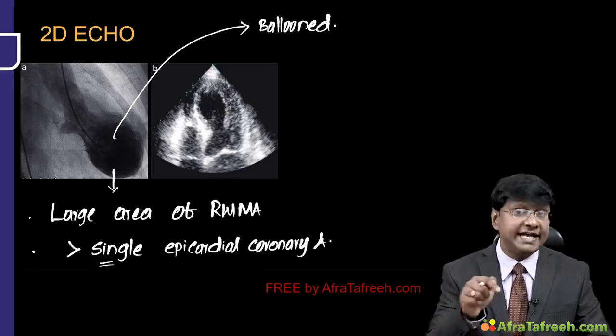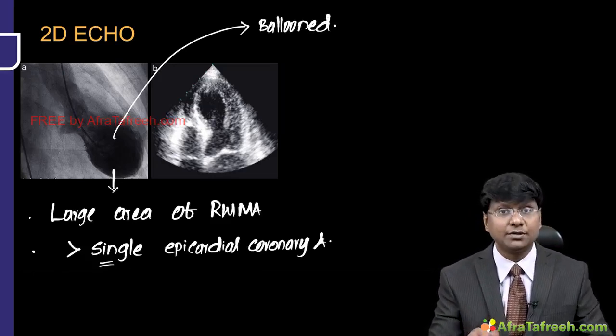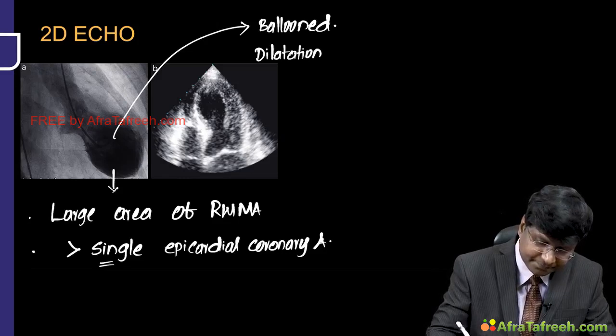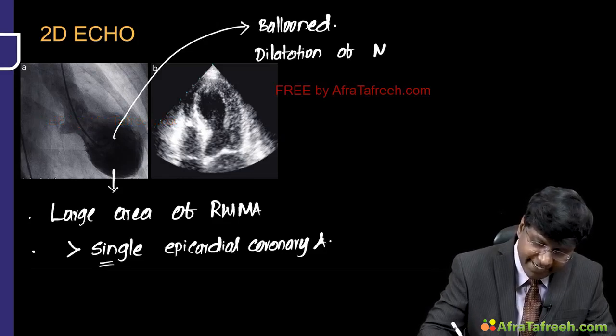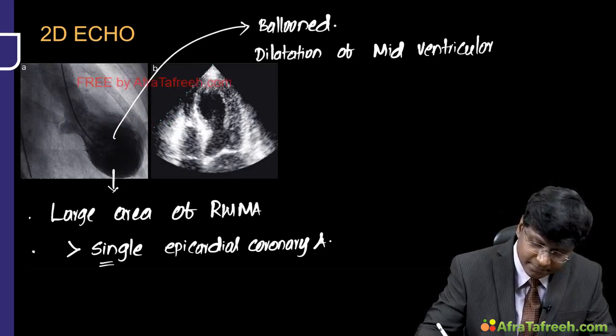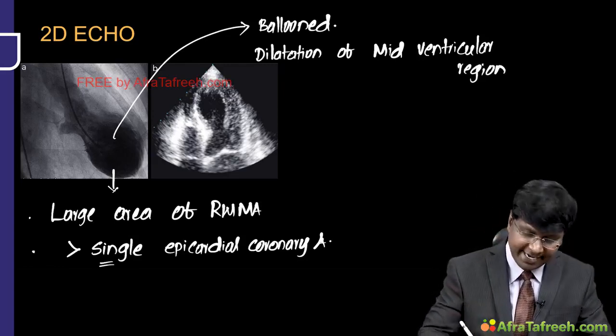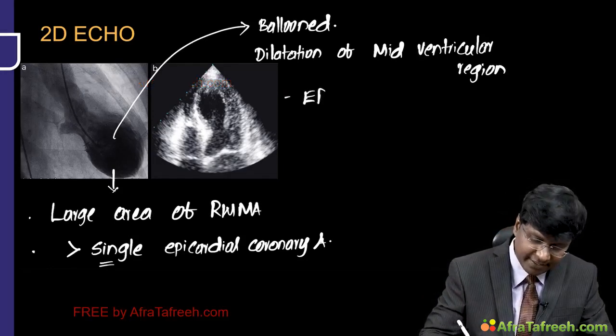Now it is not only the apex which will be ballooning out, there will be also dilatation of the mid-ventricular region, and the ejection fraction will be reduced.